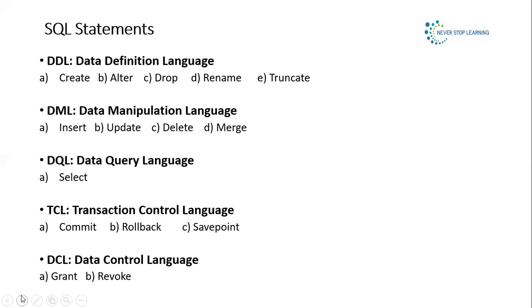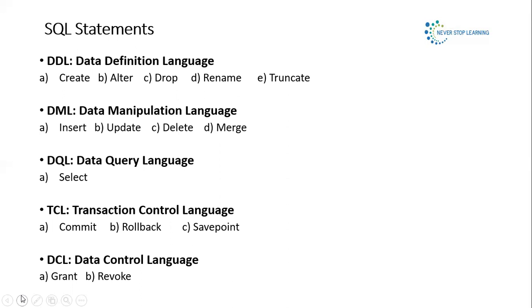Next, we have DML. DML stands for Data Manipulation Language. All the commands related to updating the actual data, for example, entering a new row, changing an existing row, or removing an unwanted row from the table, and so on, come under data manipulation language.